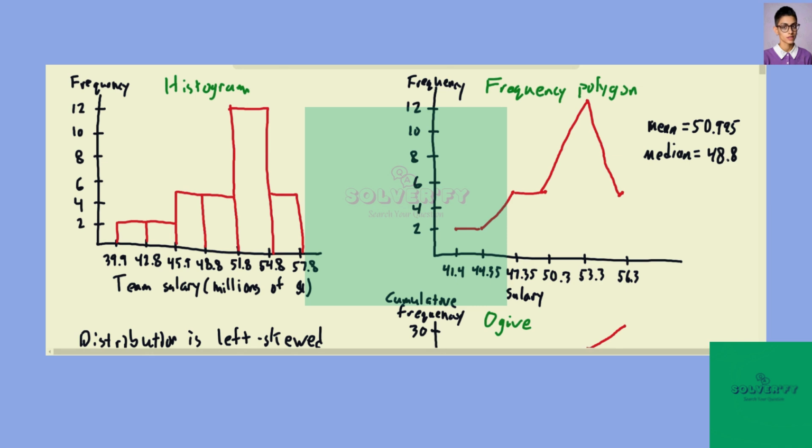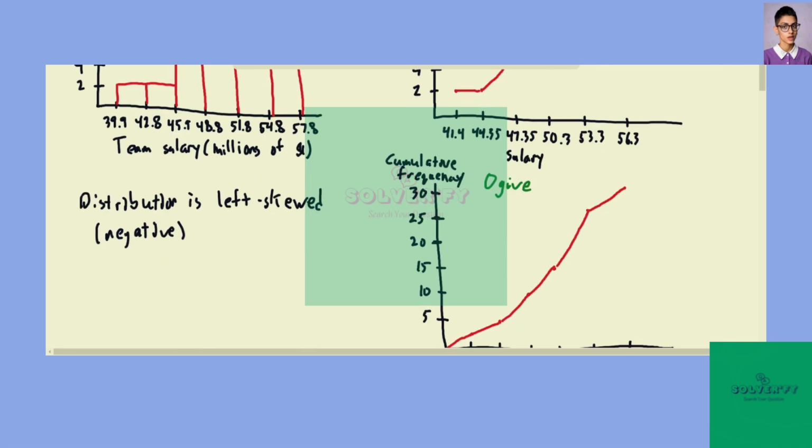Usually in a left skewed distribution, the median would be greater than the mean, but this one is unusual as our mean is greater than our median.